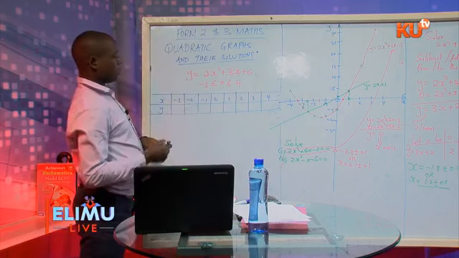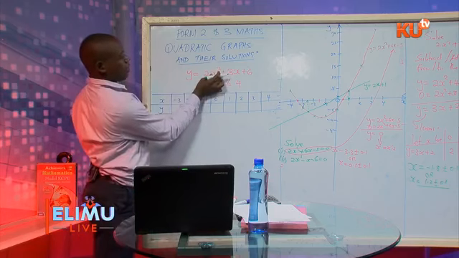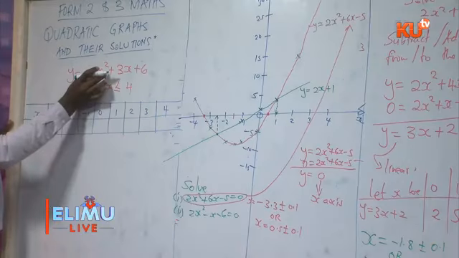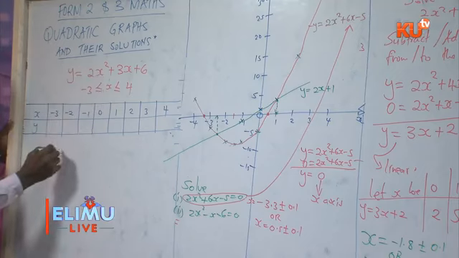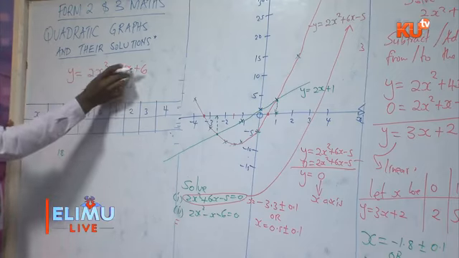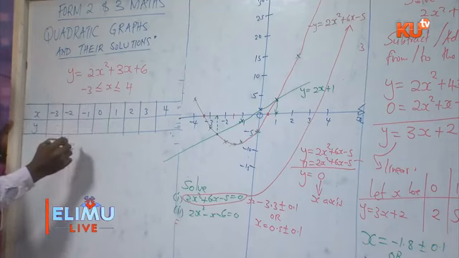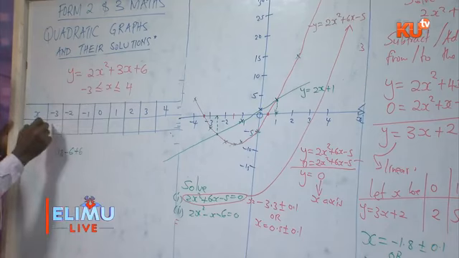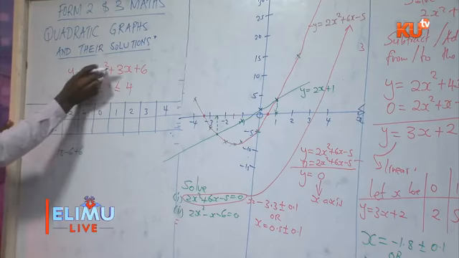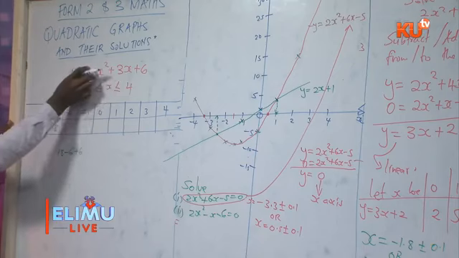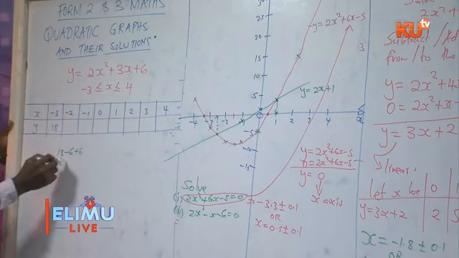x is -3. So it will be -3 squared, which is 9 times 2. That is 18. Then at this point is -9 plus 6. Go to -2. When you replace it here, it will become 4 times 2, that is 8.